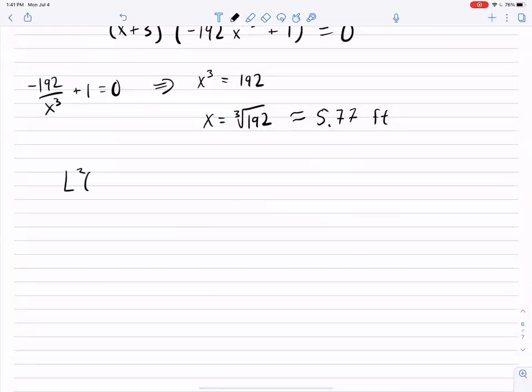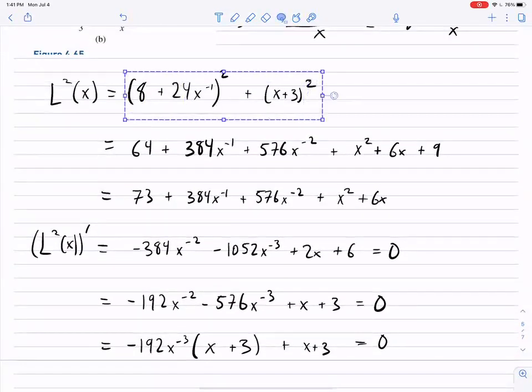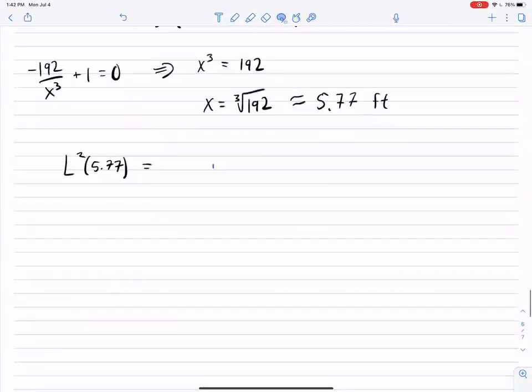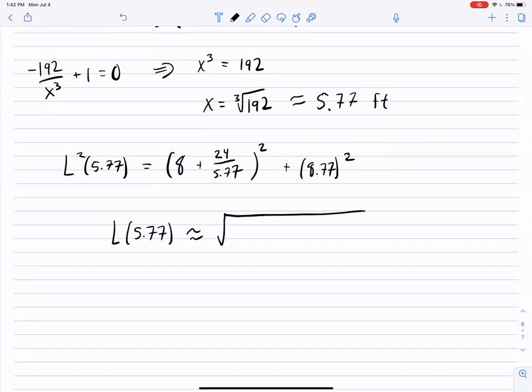So L squared of 5.77 is you plug 5.77 into this equation right here. So copy, paste. And so this will be 24 divided by 5.77, and then this will be 5.77 plus 3, which is 8.77 squared. And so then L of 5.77 is roughly equal to the square root of whatever that is.